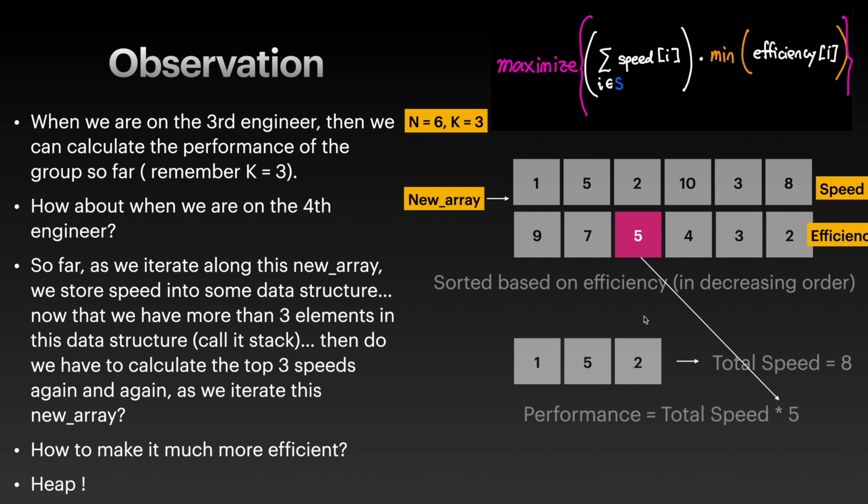Okay, how about when we are on, say, the fourth engineer? As we iterate along this new array, we can store the speed of these engineers in some data structure. And then when we have more than 3 elements in this data structure, let's just call it stack, we do not want to keep calculating the top 3 speeds again and again.